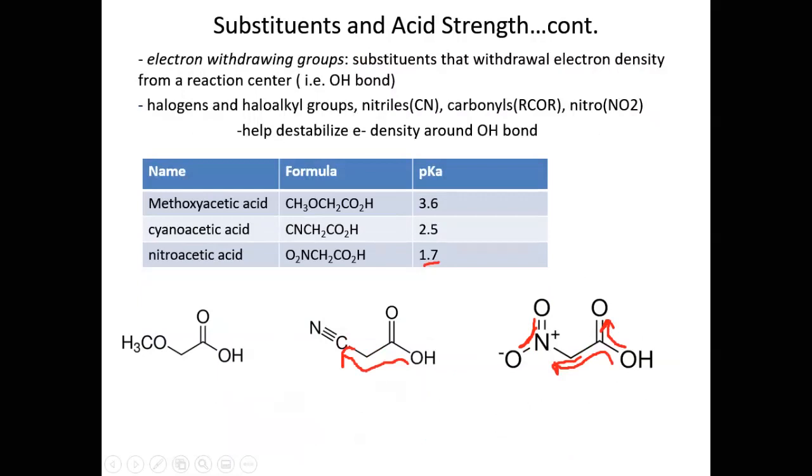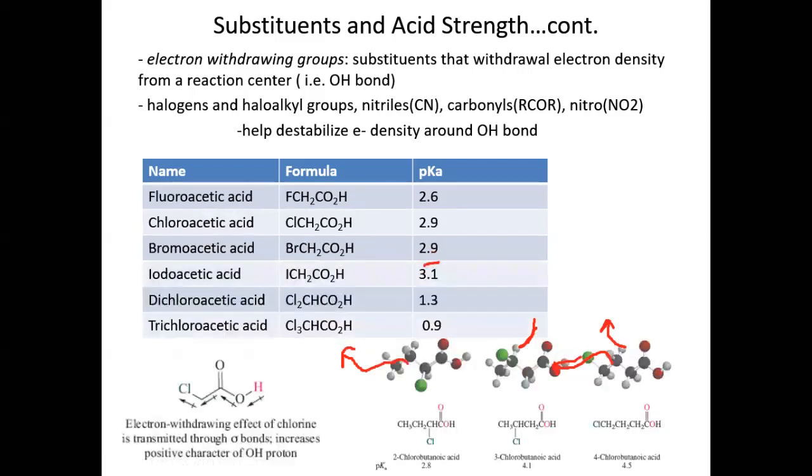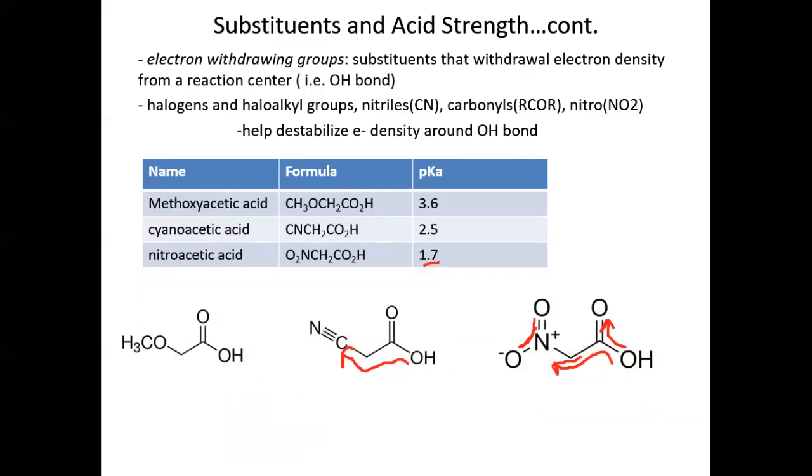It has some electron withdrawing ability, because acetic acid is 4.7 and with methoxy it's 3.6, but it's not as strong as the halogens. Even with iodoacetic acid, it was 3.1. With methoxyacetic acid, it's 3.6. So it enhances the acidity a little bit, but it's not as strong an electron withdrawing group as the halogens.